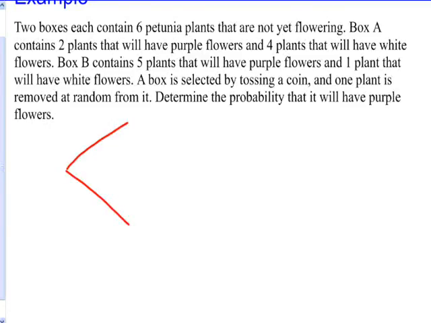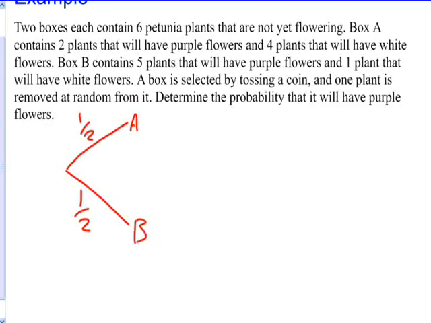Okay? I know it sounds weird dealing with coins and boxes, but it's going to be a heads or a tails. You have a 50-50 chance of going to either box. So I have a 1/2 chance of choosing box A or choosing box B.